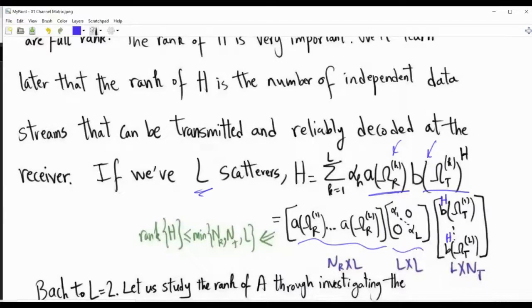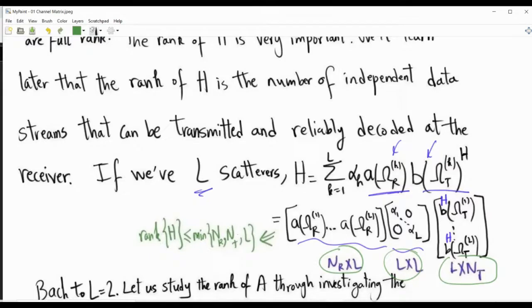And in between you have a diagonal matrix with those path gains. So the general thing is that matrix H can be written as a matrix that is NR by L, a matrix that is L by L, and a matrix that is L by NT.